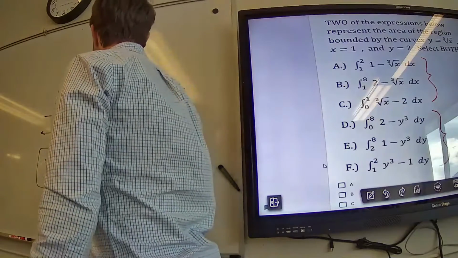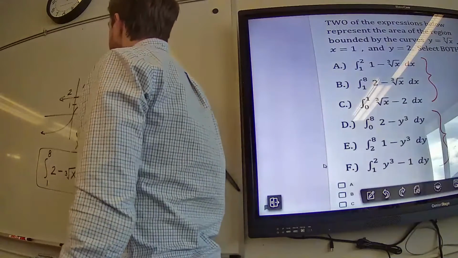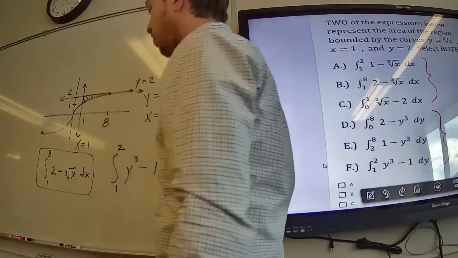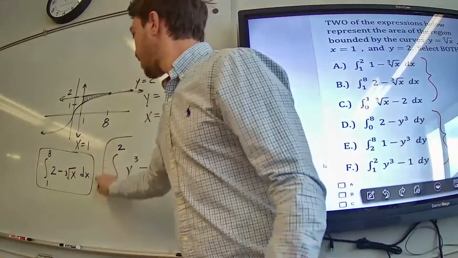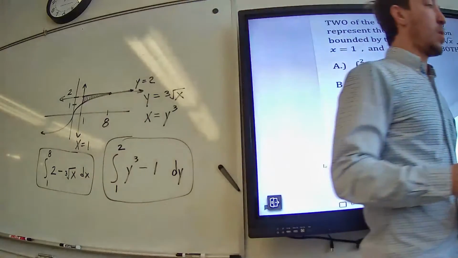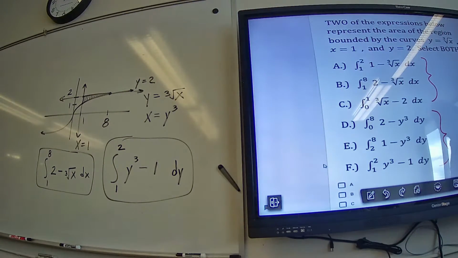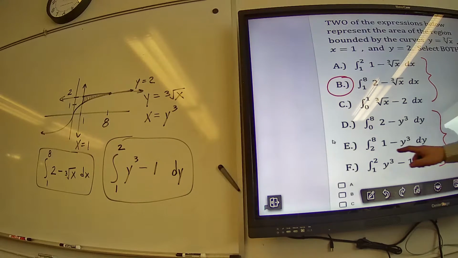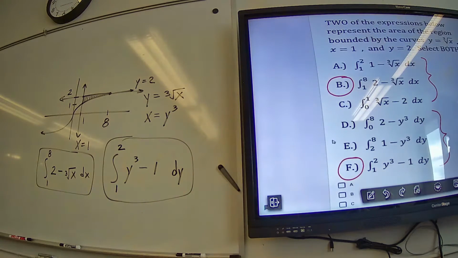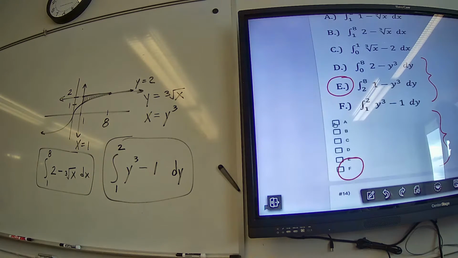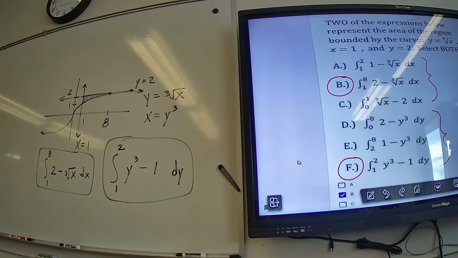So it'd be y cubed minus 1. So B was the x one and F was the y one. We okay with that?